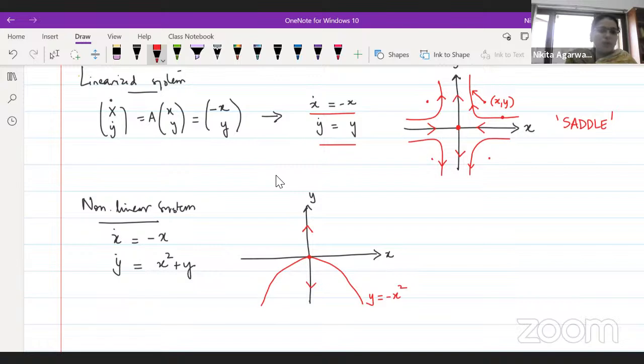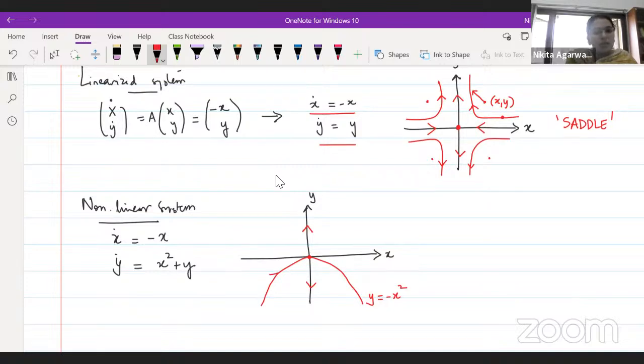So what am I saying? If you start here, then y dot is always 0. So the y direction remains constant, x changes, right? And how does x change? X changes in the same fashion, right? Because it is negative of the sign of x.